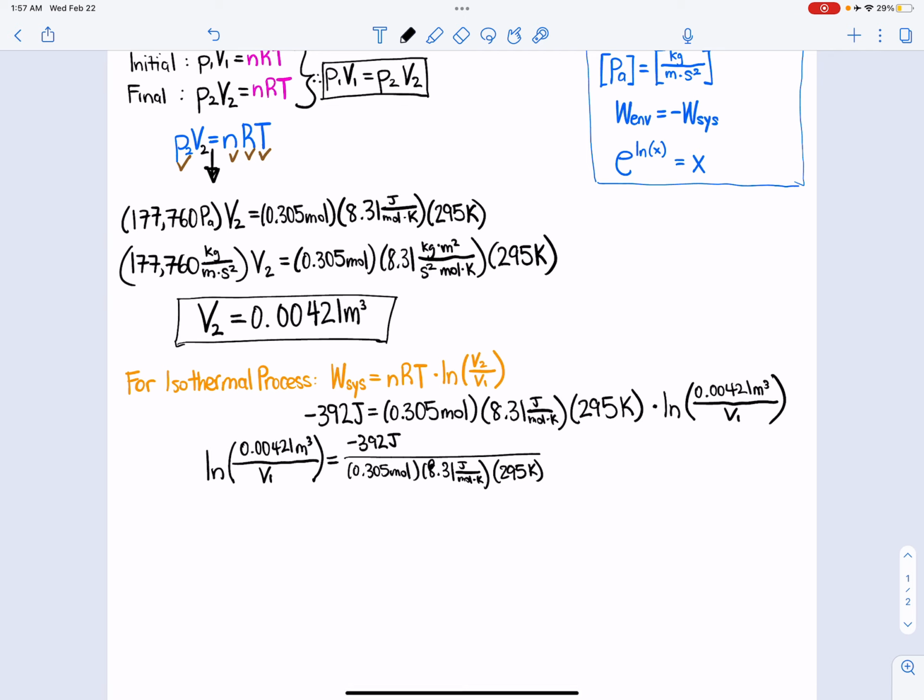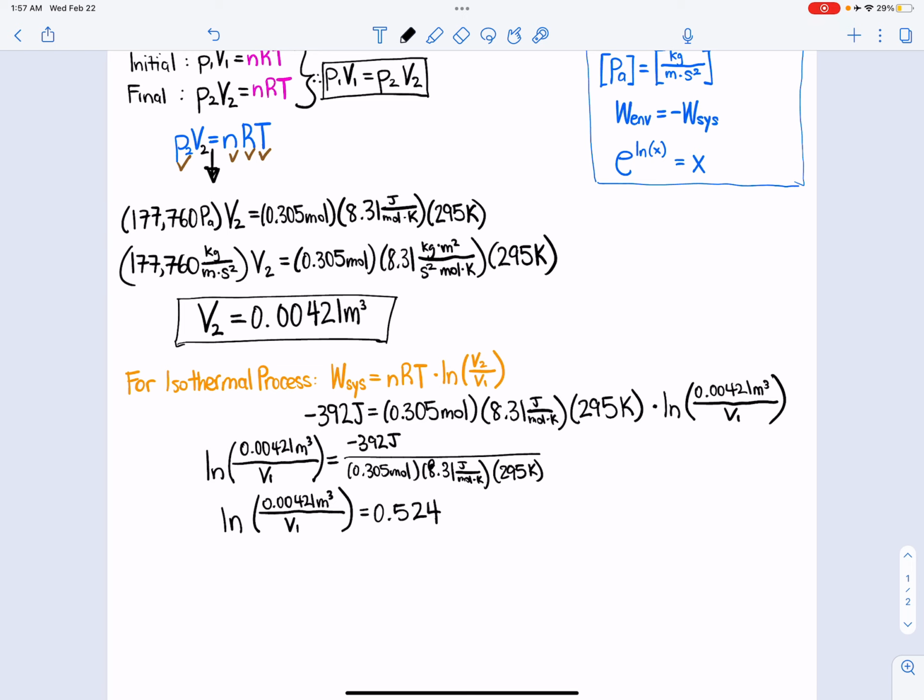And my units would cancel out, and I would have the natural log of 0.00421 cubic meters over the volume at state 1 is equal to 0.524, right?